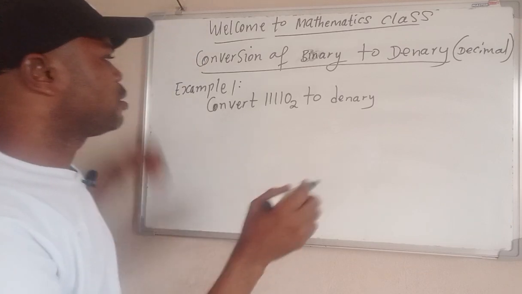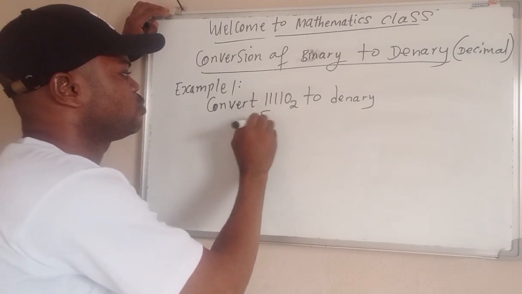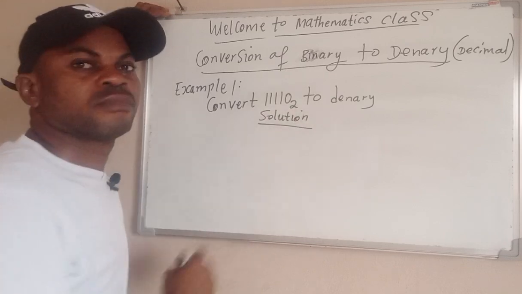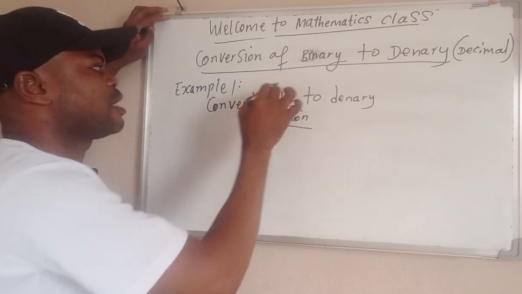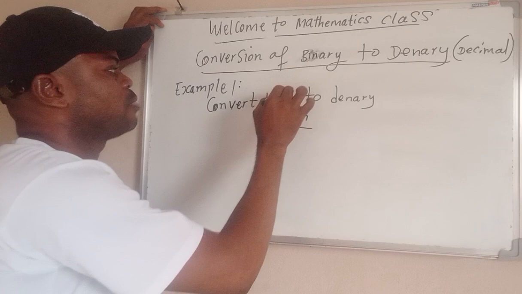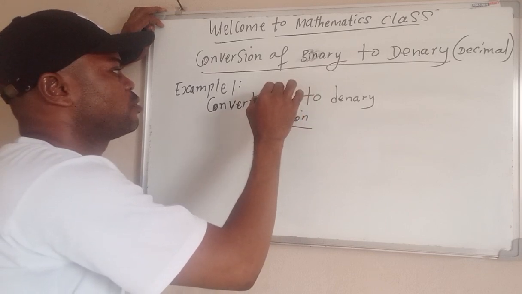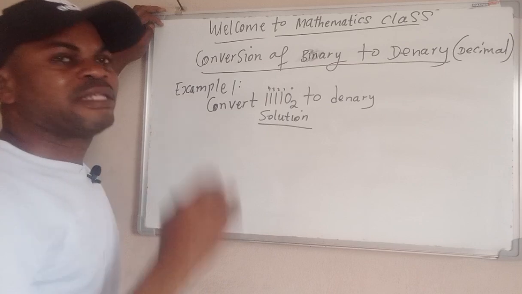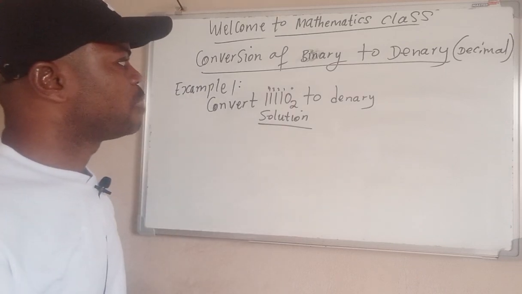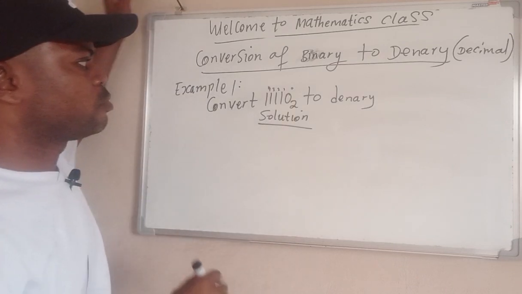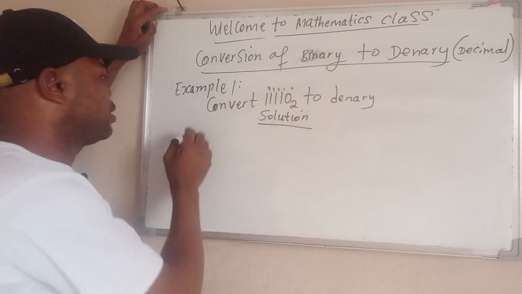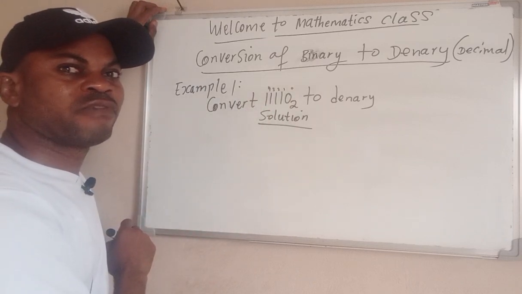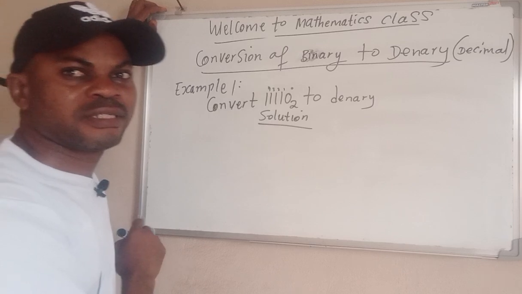Solution: you can quickly assign powers to the digits, starting from the last one: 0, 1, 2, 3, and 4. That is going to be the power, but don't mind, we'll understand it in a little while. So how do you expand or convert from base 2 to base 10?